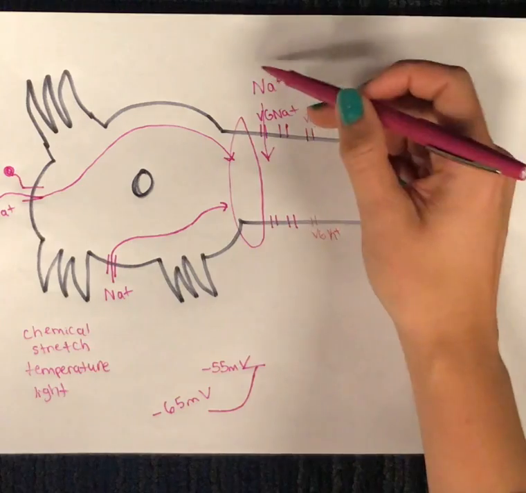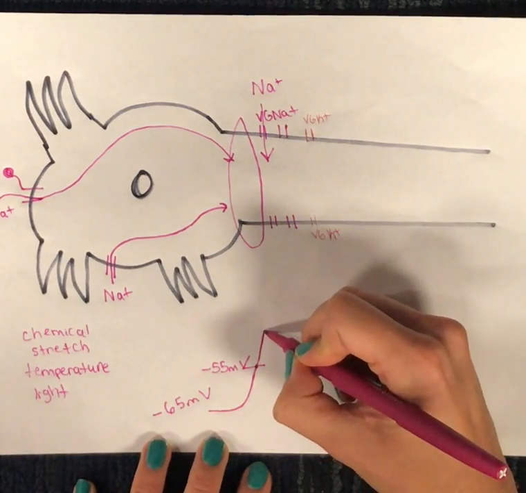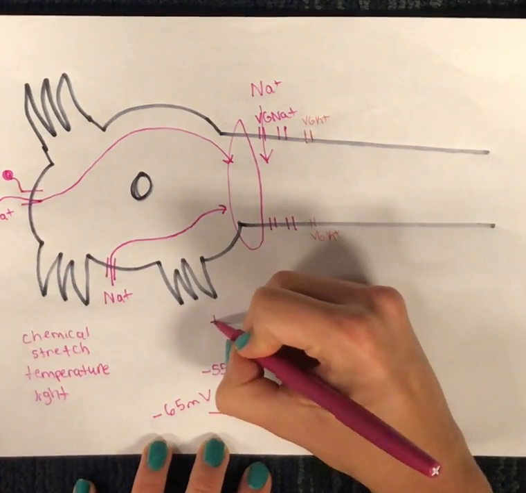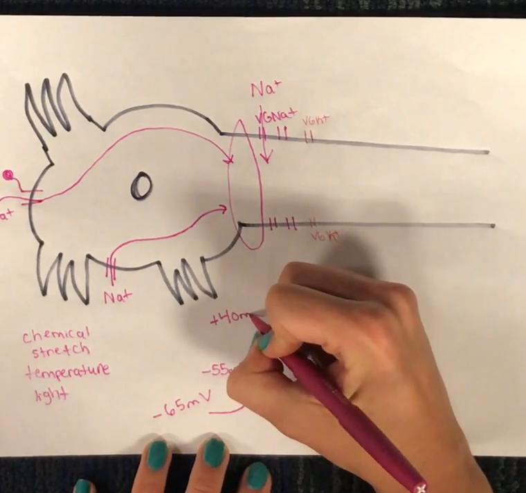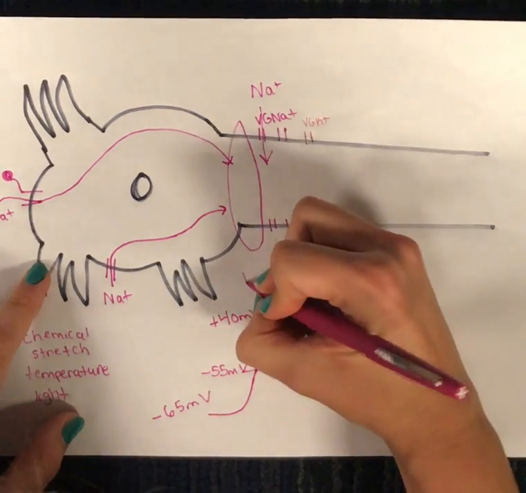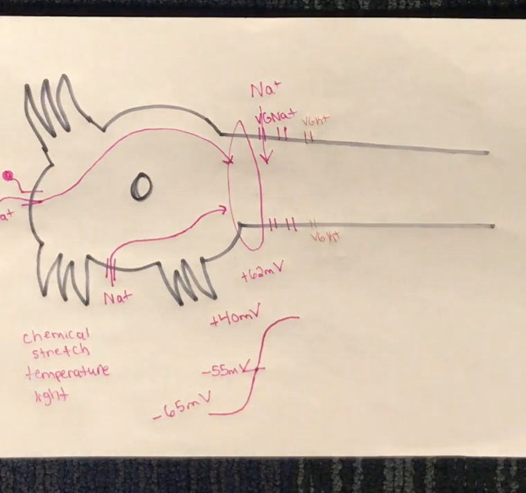As mentioned, as the sodium comes in, the positive charge causes the membrane potential to rise and rise until we reach about positive 40 millivolts. At this stage, we don't really get much higher in our membrane potential, at least not as high as positive 62 millivolts, or the happy place of sodium.